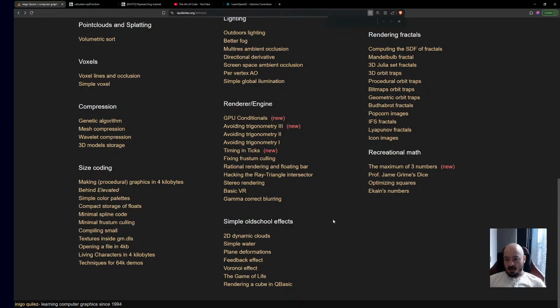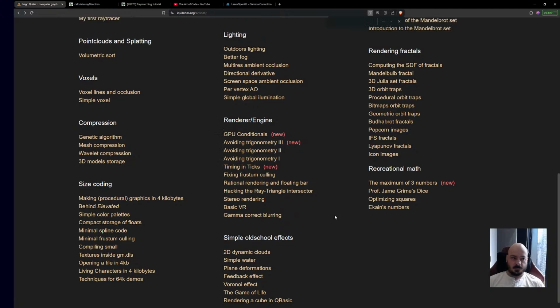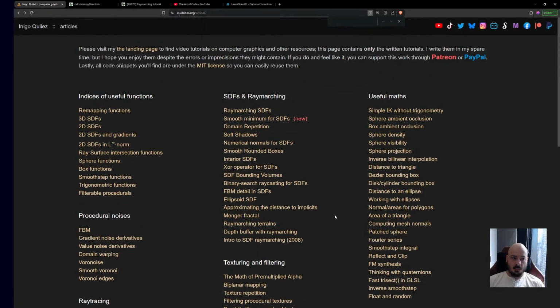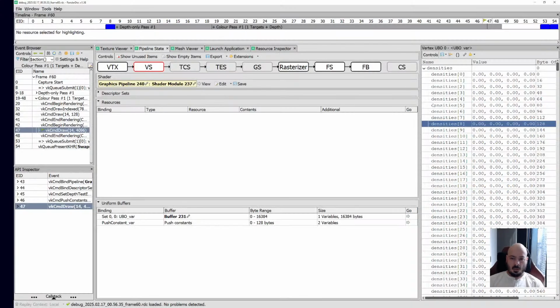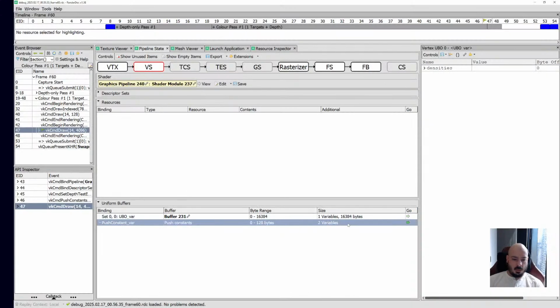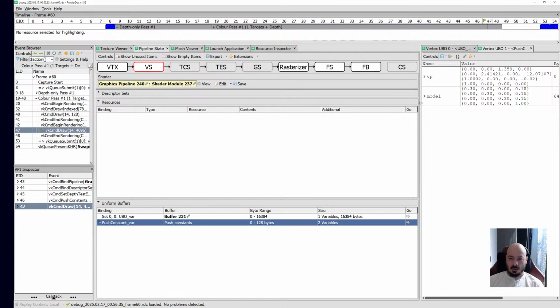Start from the view matrix. What happens when you transform the 0001 position with the view matrix? Well, 0001 with the view matrix. Let me see. What does the view matrix look like?